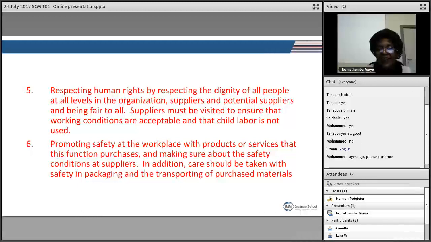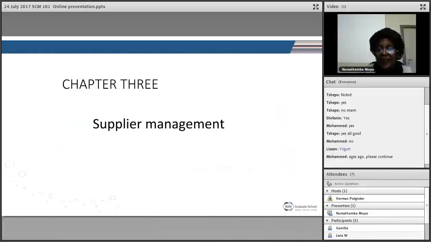Promoting safety at the workplace with products or services that this function purchases, and making sure about the safety conditions of suppliers. In addition, care should be taken with safety in packaging, remember, and transporting of purchased materials.